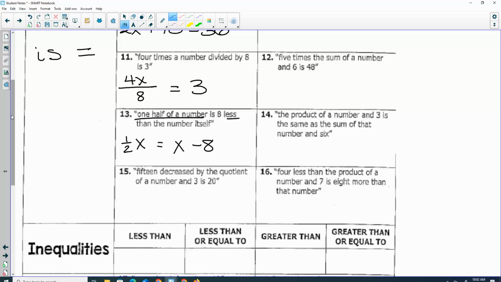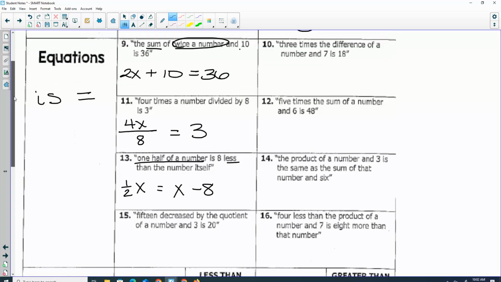I want you guys to do some of these so I can see where we're at here. So try 10, 12, 14, those ones that I skipped. So the product, that tells me I'm multiplying. A number, all of these are talking about a number. Every one of these should have an x in it somewhere. So if you don't have an x, you missed something. So we have the product, so we're multiplying, a number and 3.